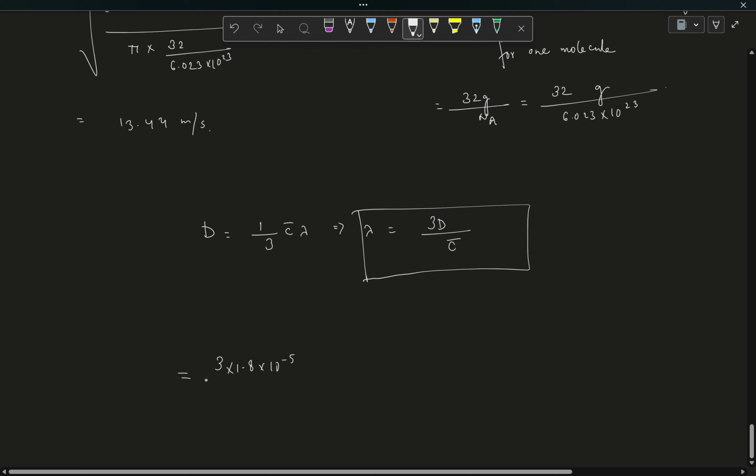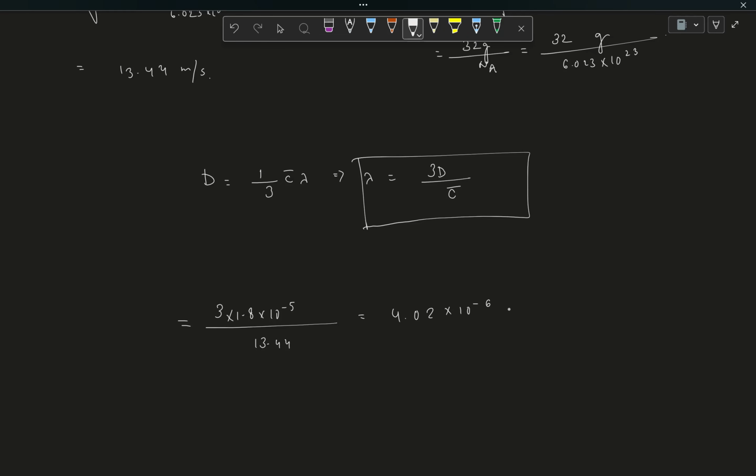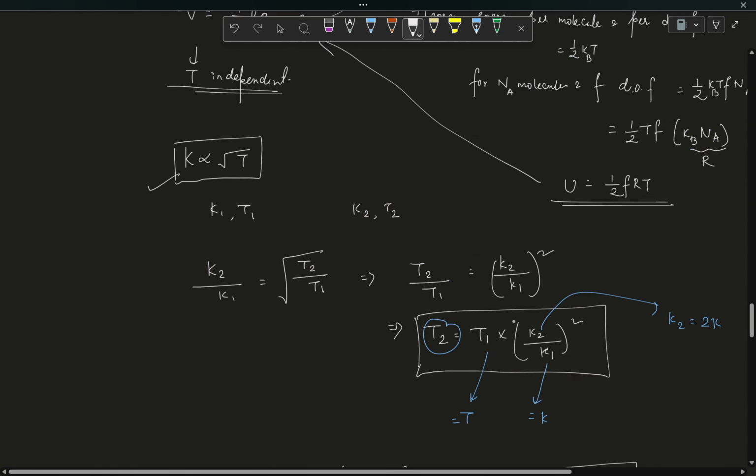So 3 into 1.8 into 10 to the power minus 5 divided by 13.44. If I have done the calculation right, we are getting 4.02 into 10 to the power of minus 6 meter, because it is a length scale, so it will be in meter.